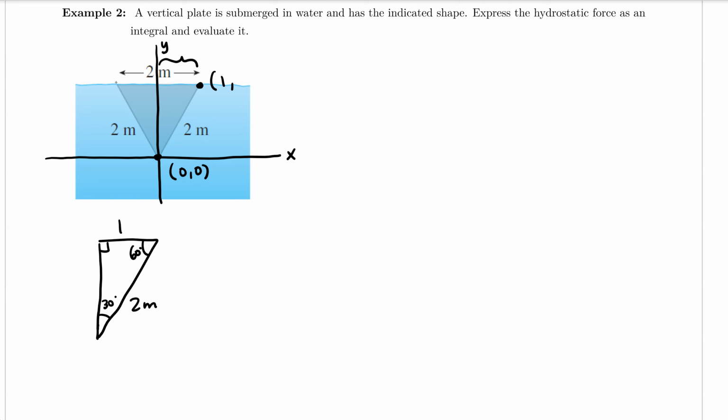So here I have a 30, 60, 90 triangle, and if I were on the unit circle and I were scaling this down, this would still be 30 degrees, this would be 60 degrees, and if we're on the unit circle, the hypotenuse would be 1, and then for a 30, 60, 90 triangle on the unit circle, this would be 1/2, and then this would be √3 over 2.